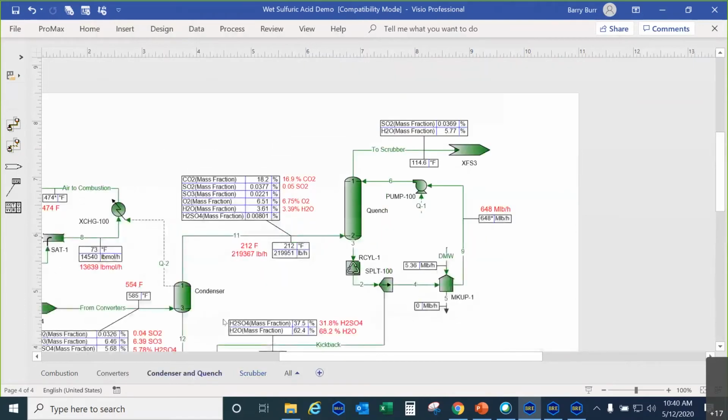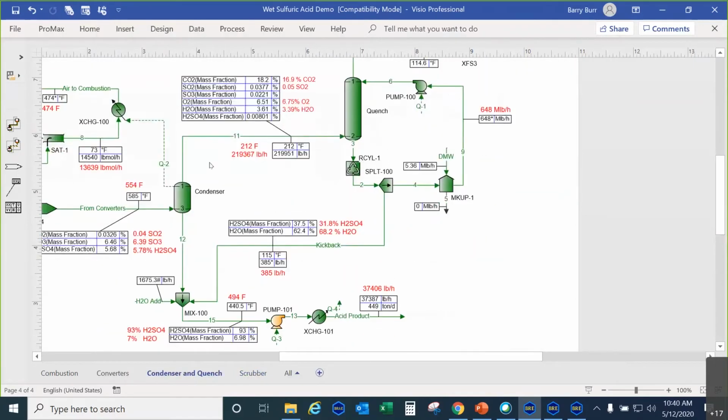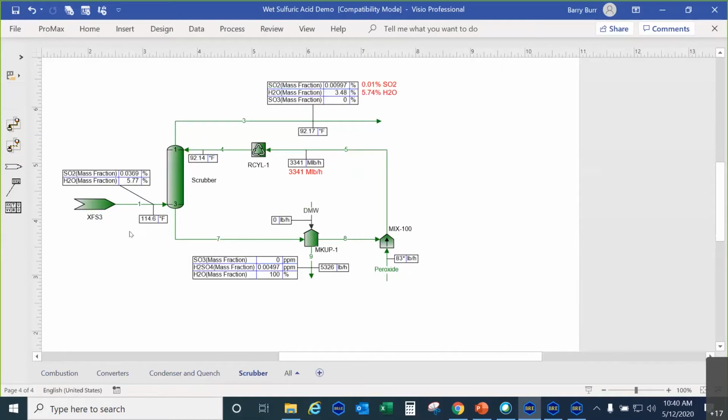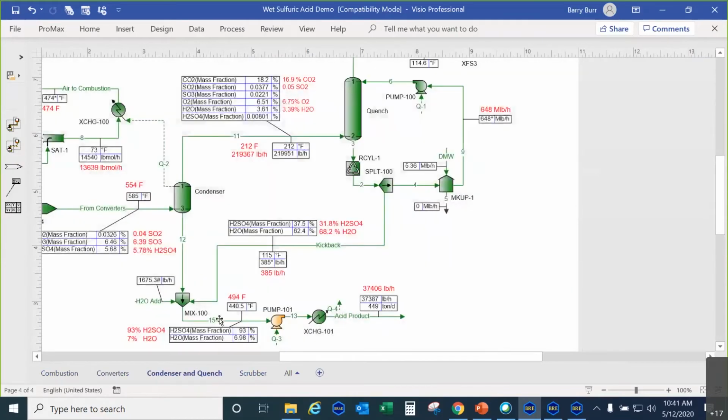So it's only in this flow sheet in the wet column where the condenser and the quench are using the modified NRTL thermo package, only in the condenser and the quench. So in this flow sheet, the combustion, the converters, and the scrubber are all simulated using Peng-Robinson, and it's only this condenser and quench flow sheet that needs the modified NRTL.